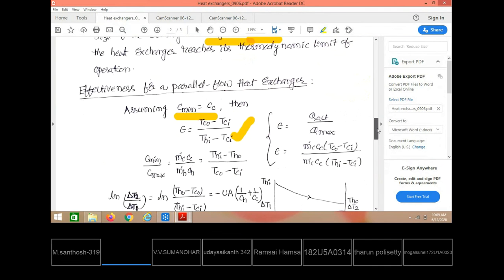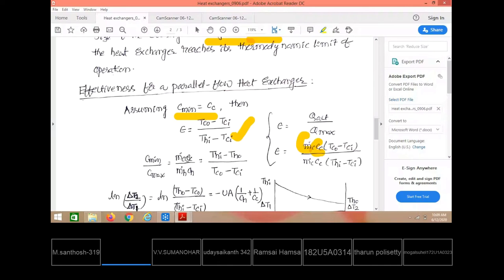Q actual by Q maximum, based on the cold fluid, is mc dot Cc, whose value equals capital Cc, the cold fluid heat capacity, times (Tc out minus Tci); both are the same, so they got cancelled. Therefore this is also written like this. Then what is C minimum by C maximum?